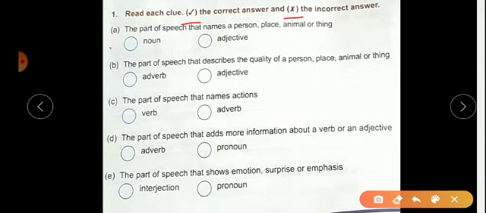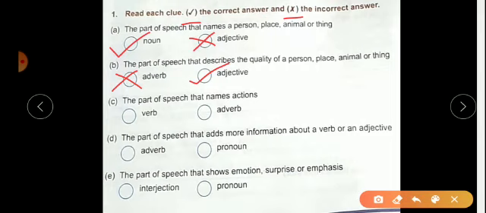It is noun. Next, B1. The part of speech that describes the quality of a person, place, animal or thing. Adverb or adjective? It is adjective.